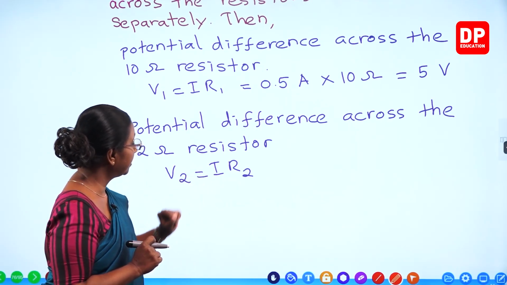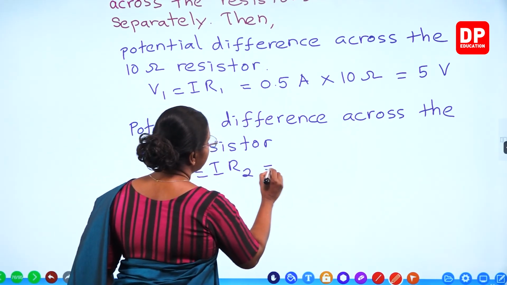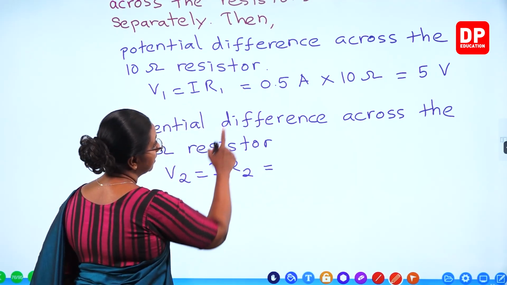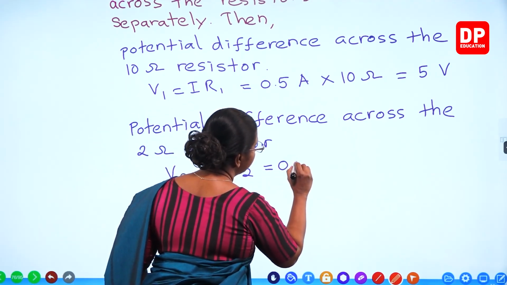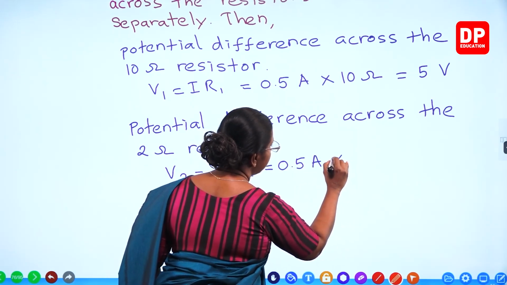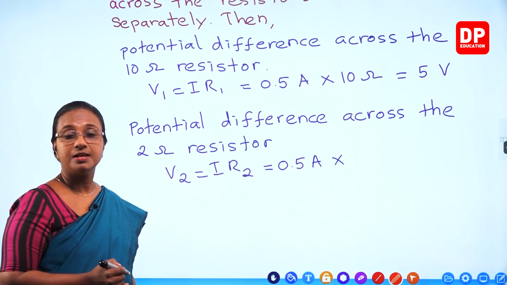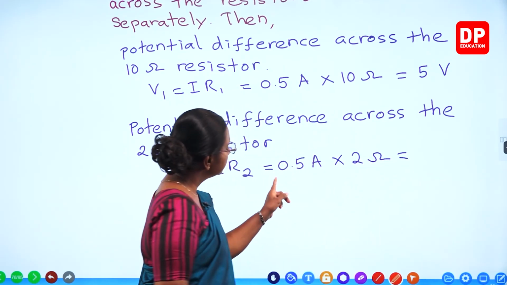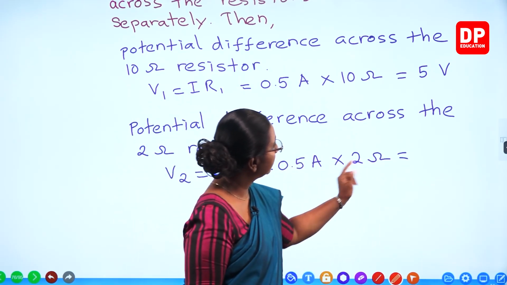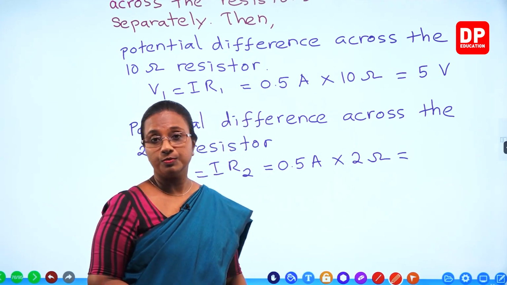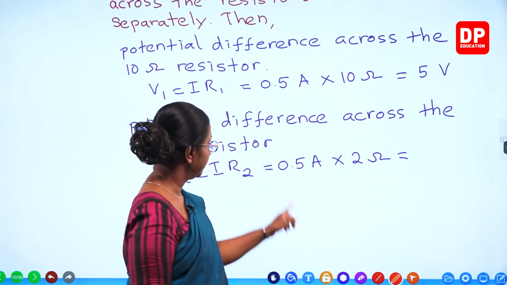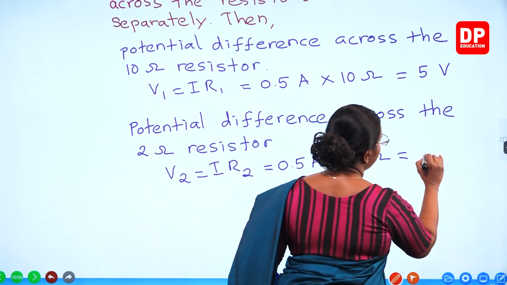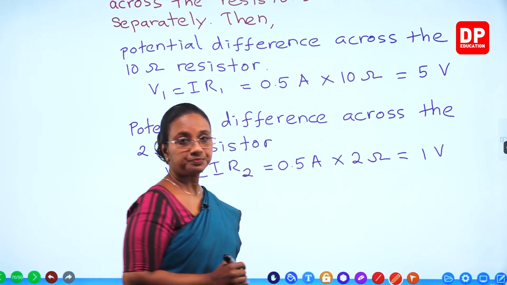So V2 equals I into R2. That will be equal to what? I, the same value, 0.5 amperes. And what is the resistance? 2 ohm. 0.5 amperes into 2 ohms. What is that? 0.5 into 2, 1 volt.